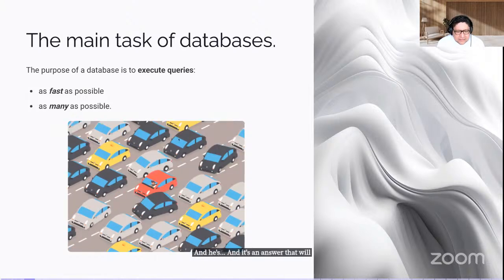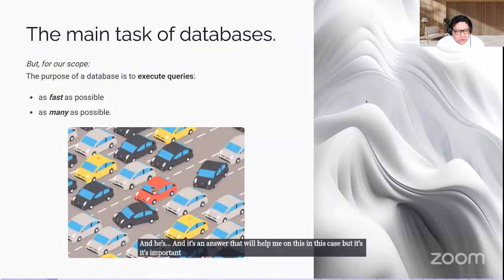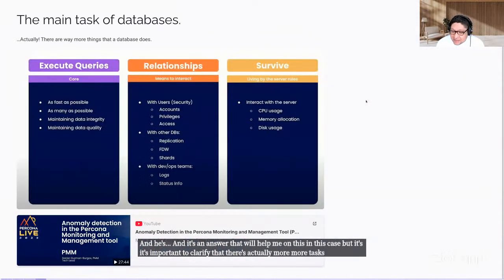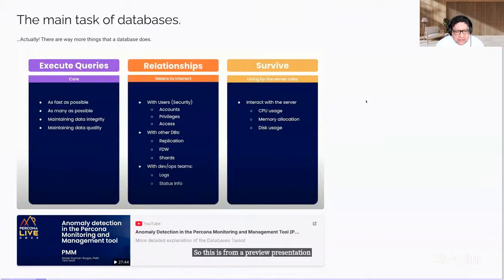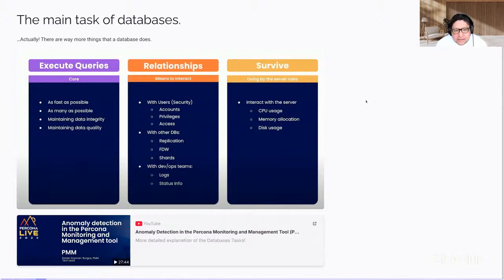and it's an answer that will help me in this case. But it's important to clarify that there are actually more tasks that a database has to do, right? This is from a previous presentation that I delivered at Percona Live back in '23 in Denver, where I was talking about anomaly detection, and one of the things that I was explaining was the whole set of activities that a database has to perform.